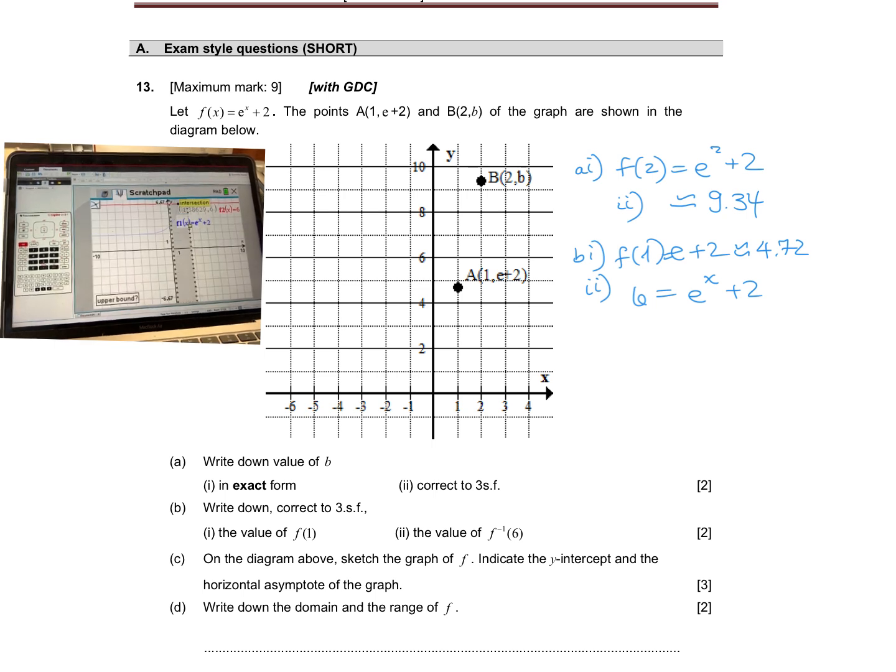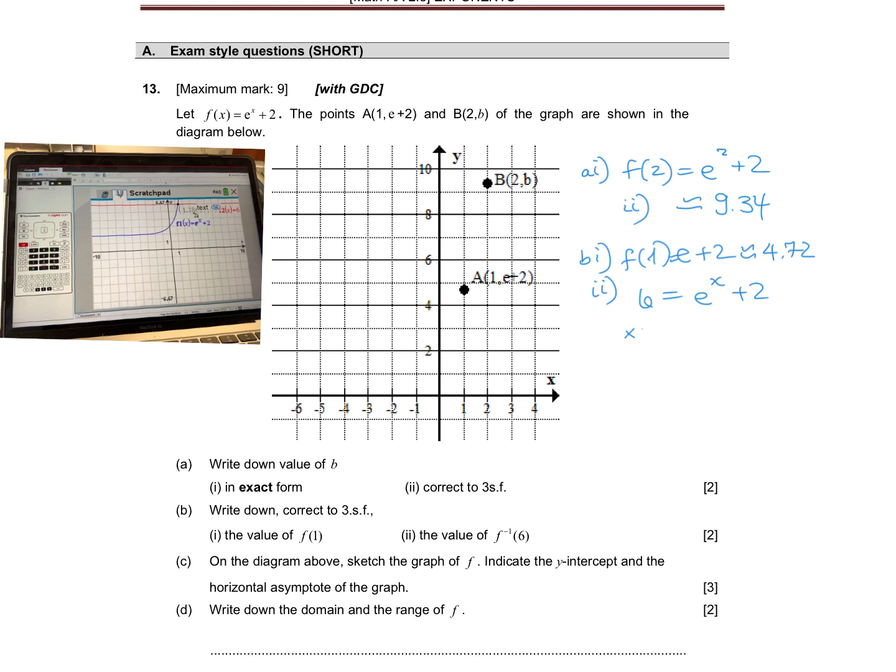So left and right. So 1.39 is the answer to that. So x is 1.39.